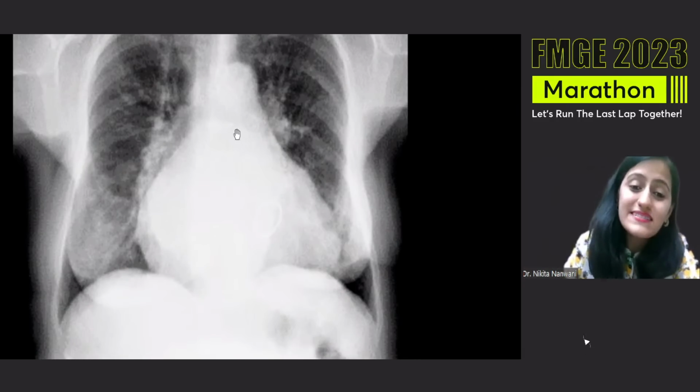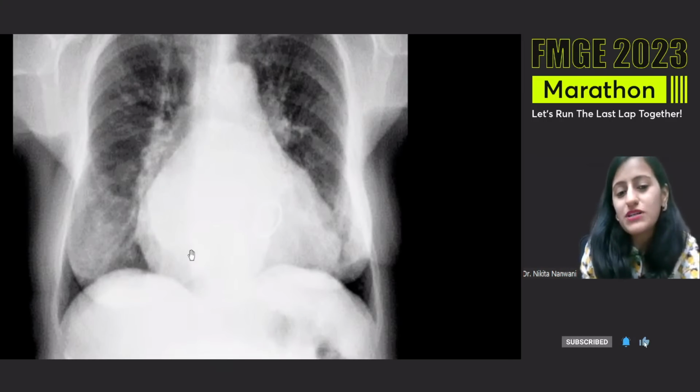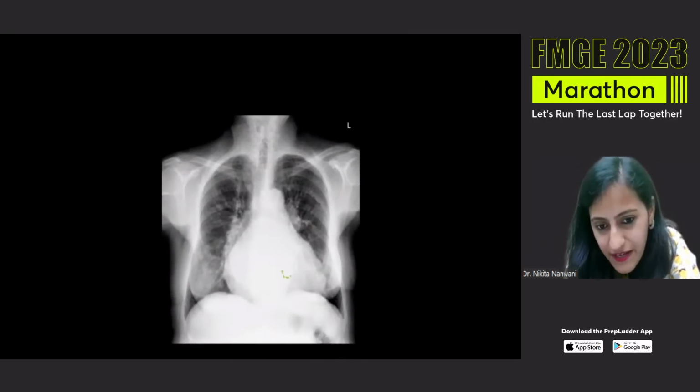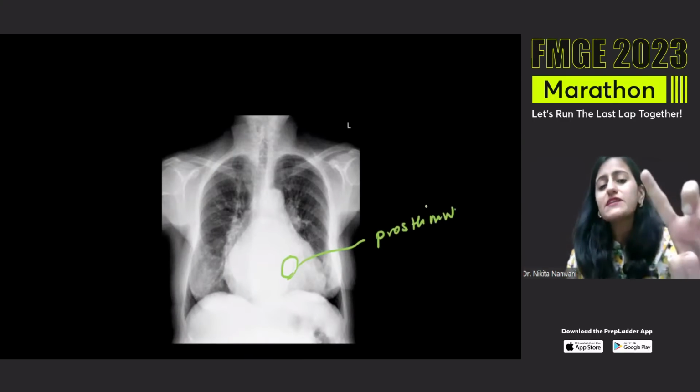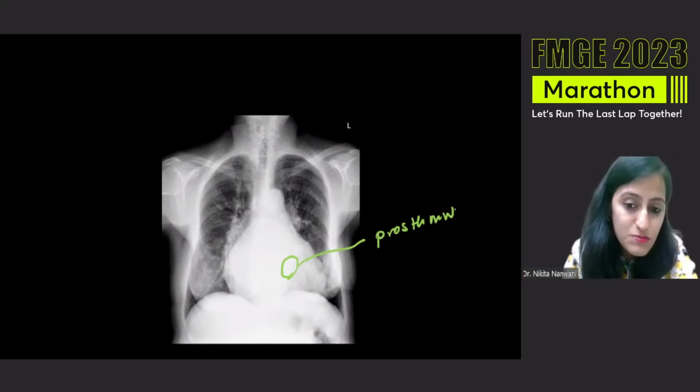Right, so this is the enlarged left atrium. The left atrium has come to the right side, and there is this prosthetic valve that we can see. This is where the prosthetic mitral valve is shown. That gives me a clue that the patient has been operated for mitral stenosis, rheumatic heart disease, most common.